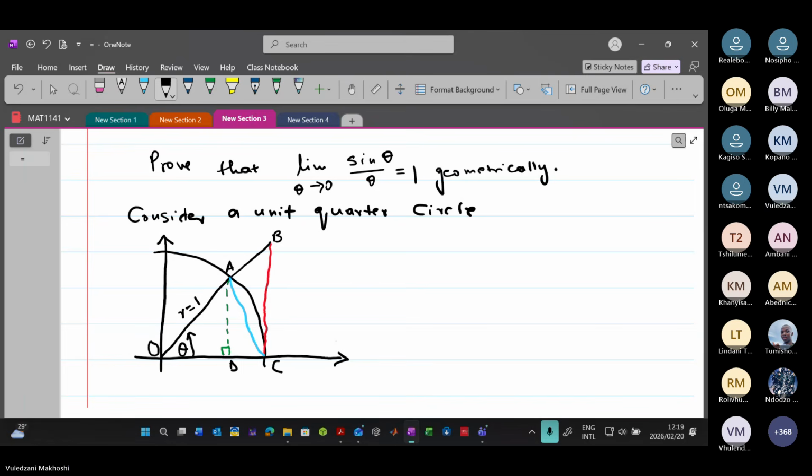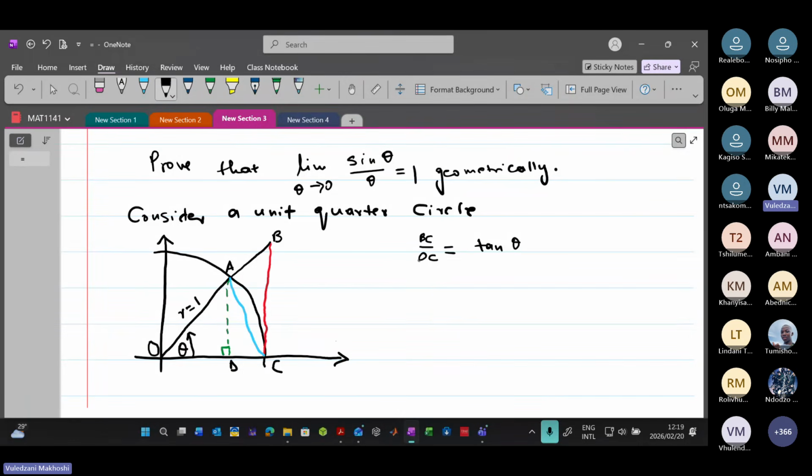You will note that if we look at triangle OBC, which is a right-angled triangle, BC divided by OC is tangent of theta.